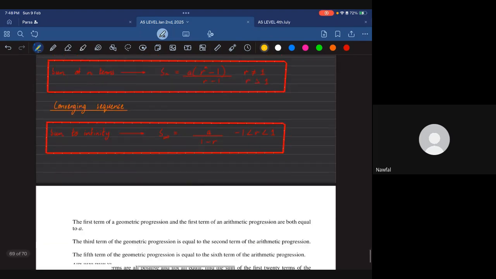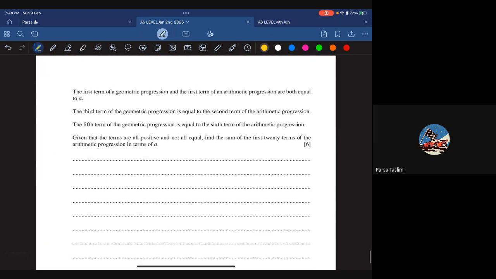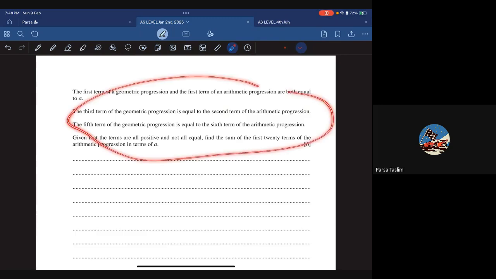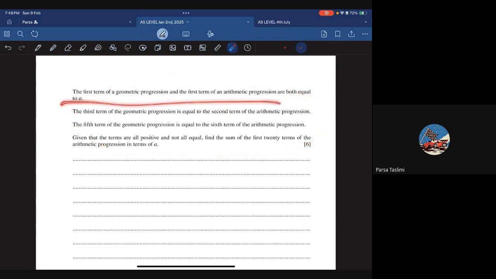Yes, sir. All right. Now, feast your eyes. Whoever does this question, I salute you. This is a good question. A lot of information has been given to you, and it's 6 whole marks. So keep that in mind that you are solving a question worth 6 marks.